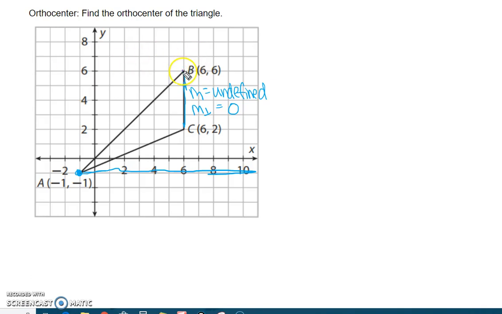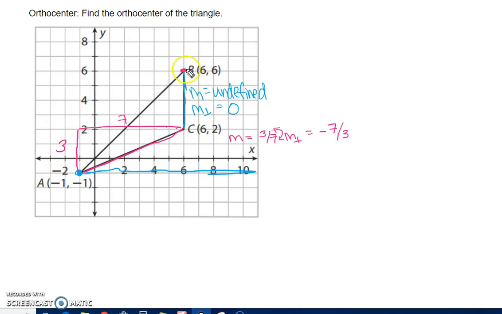Okay, so if I go to point B now, I have to go to the opposite side, which is side AC. And so I need the slope of AC. So I'm going to go up 1, 2, 3 and over 1, 2, 3, 4, 5, 6, 7. So that slope is going to be 3 over 7, which means my perpendicular slope is going to flip it and take the opposite sign. So it's going to be negative 7 over 3.